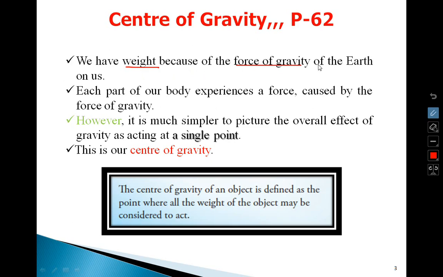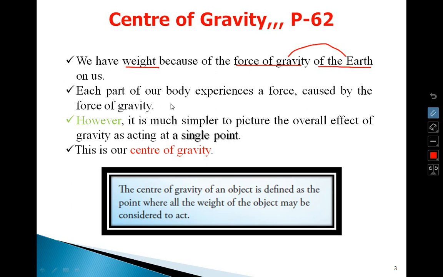And the force of gravity comes from where? The gravity of the earth. So the gravity of the earth causes a force on any object, known as a weight. So we have a weight because of the force of gravity of the earth on us.